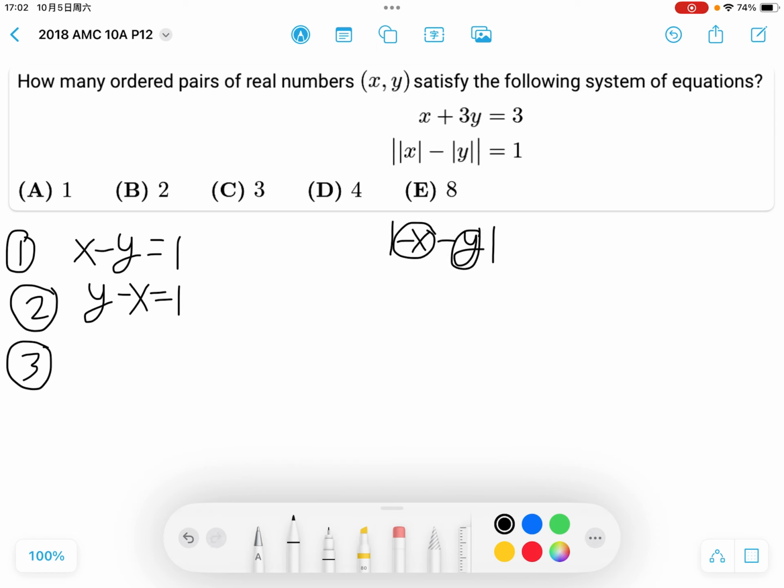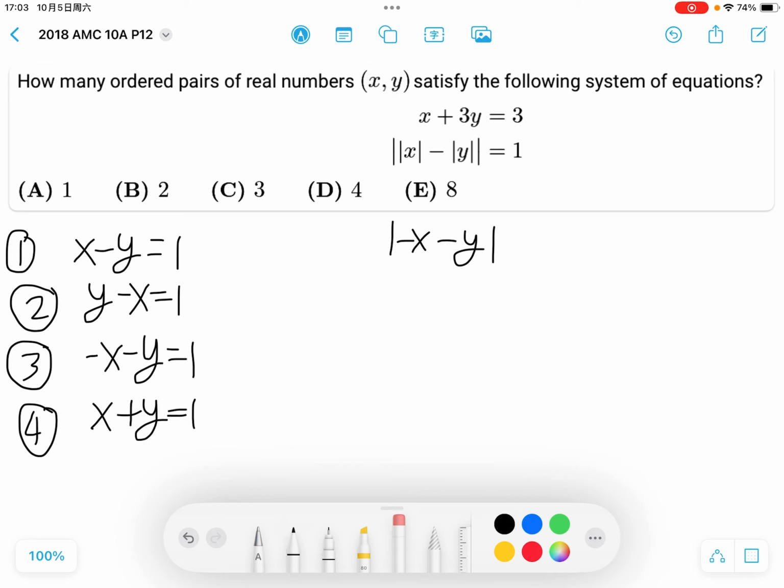Is negative x larger or is y larger? Let's say that negative x is larger. If negative x is larger, this whole thing is going to be positive, so the value is just negative x minus y equals 1. What about case number 4? Negative x minus y is a negative value, so we have to flip all the signs. So that's just x plus y equals 1.